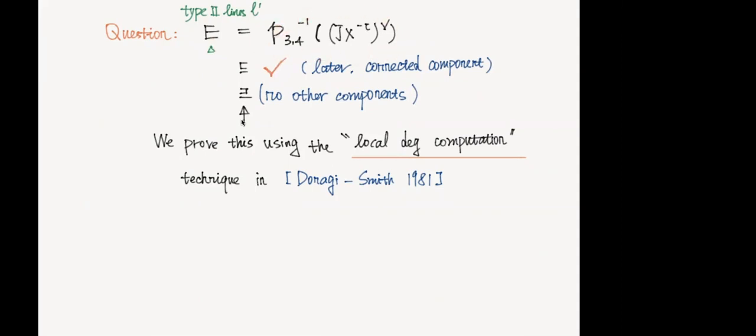Actually, by some infinitesimal computation, by studying the differential of the period of this Prym map, you can show it's a connected component.